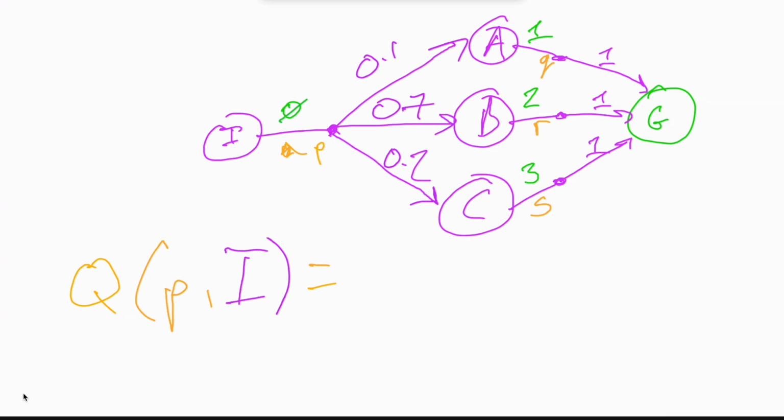So the question I'm going to ask someone to tell me in about 20 seconds is how you think you would calculate the expected cost of action P. I'm also happy to take a question or two if someone doesn't understand the example.